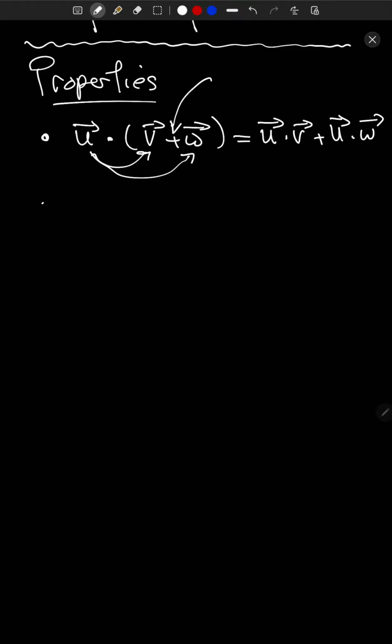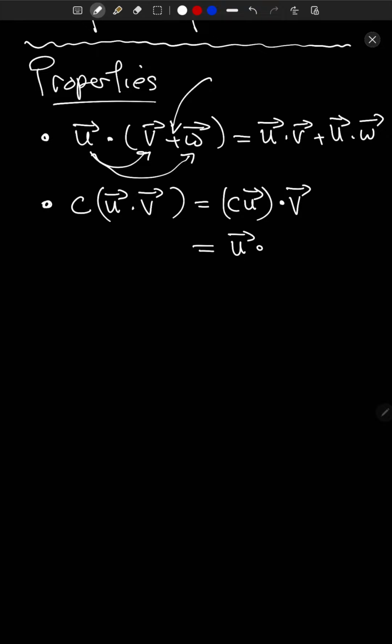How does the dot product interact with scalar multiplication? Well, c times (u dot v) is equal to (cu) dot v, and that's equal to u dot (cv). Notice each side looks kind of the same, but actually interesting things are happening.